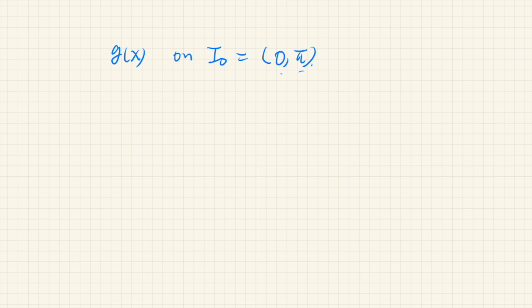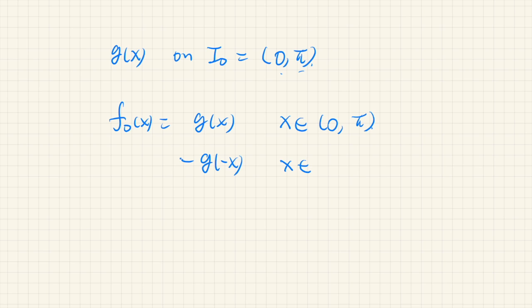Then, based on this function, let us define an odd function, fo of x, as follows. It is equal to g of x if x is between 0 and pi, or it is equal to negative g of negative x when x is between negative pi and 0.